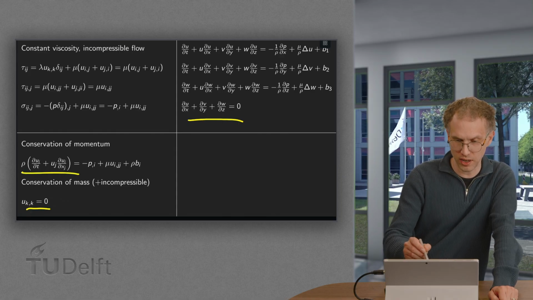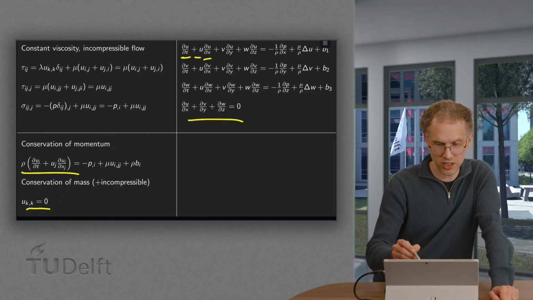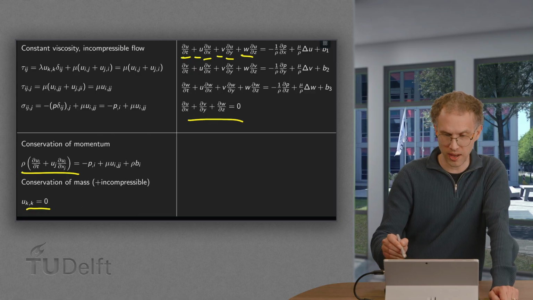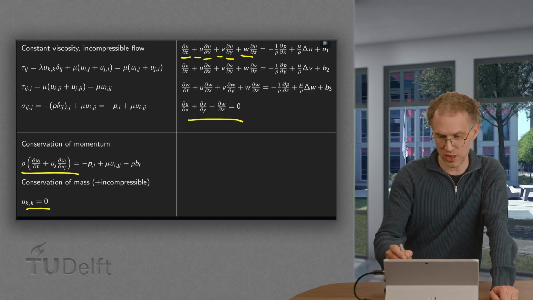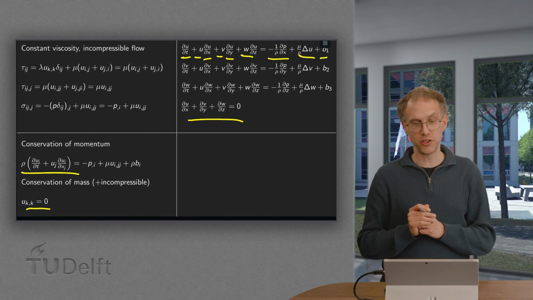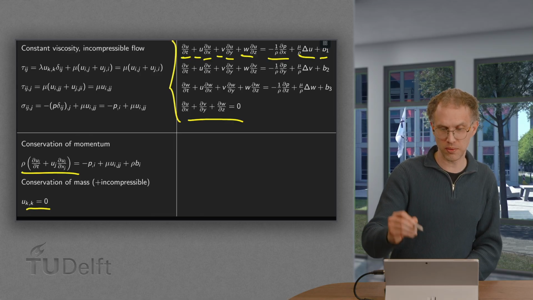So you get du dt, you get u1 du dx plus u2 du dy plus, j equals 3, gives you a w times du dz. I equals 1 here, so we get a minus dp dx plus the Laplacian of u plus the first body force. So that gives you your first PDE here, and the other ones go similarly.